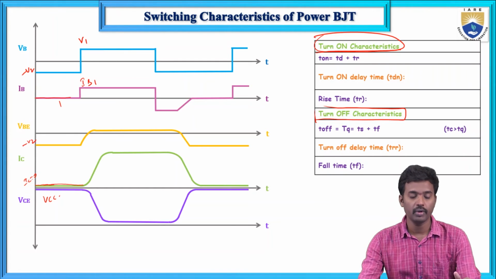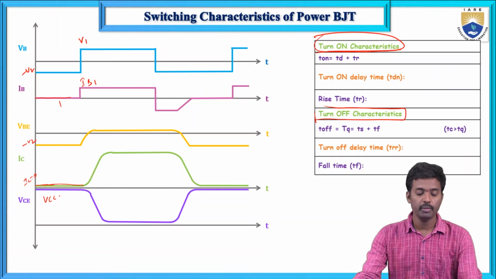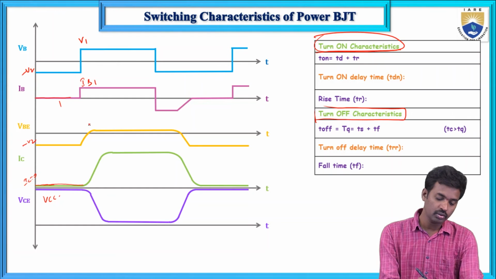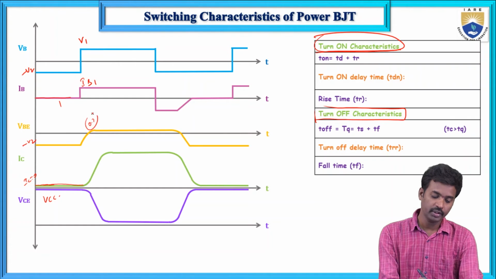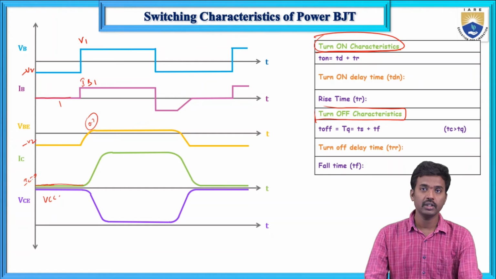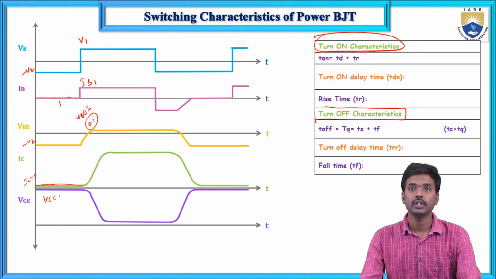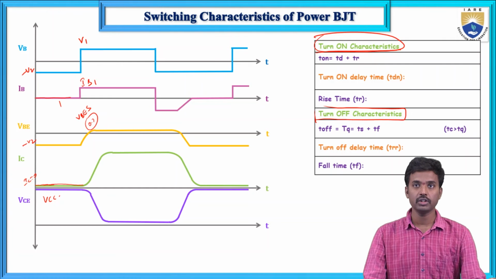When we give a positive voltage to the emitter-base junction, it will not turn on immediately because of the transistor junction capacitances. To charge the emitter-base junction capacitance to about 0.7 V, VBES, there is some delay.